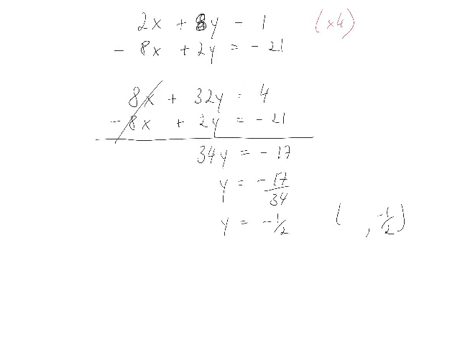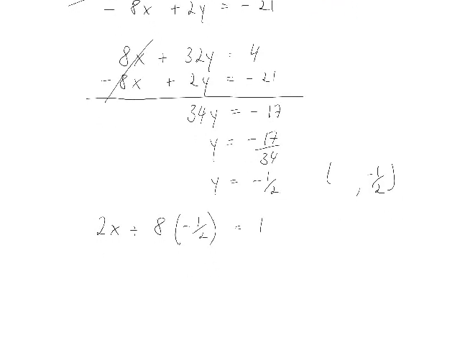So I put the y in, we'll put it into the first equation here, up here, this one. Okay, so I have 2x plus 8, and the y is minus 1/2, and this is now 1. And so let's multiply this out. 2x minus 4 equals 1.